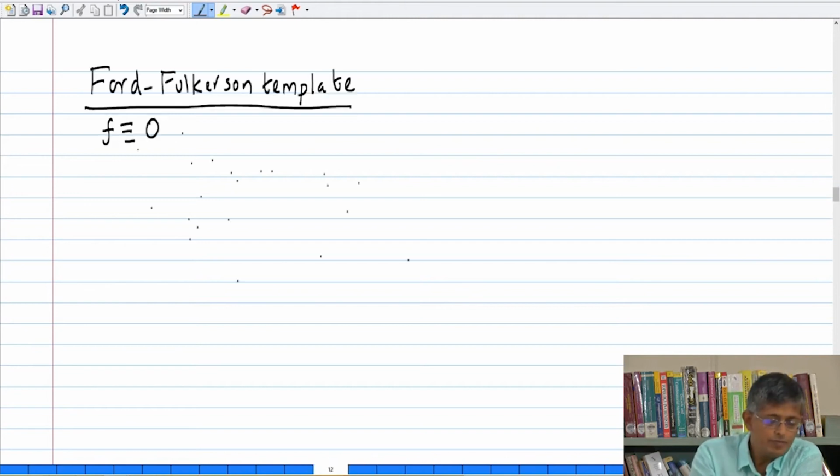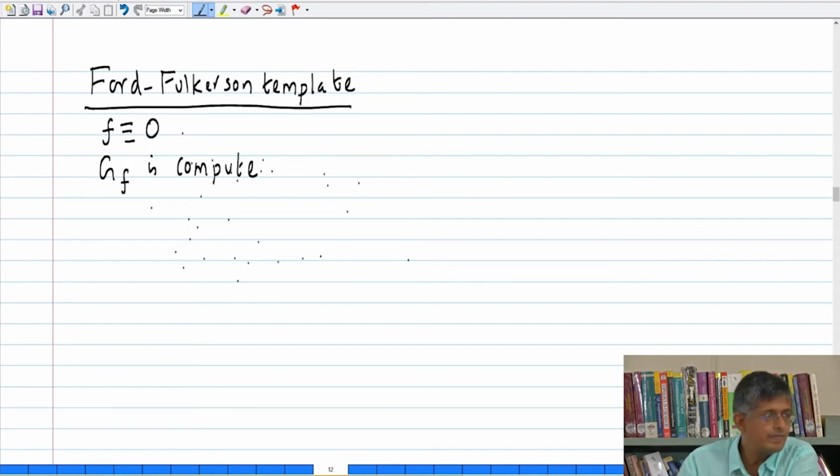Then what do you do? You compute a graph called GF. I will also put a marker here, which is, this step is called repeat.